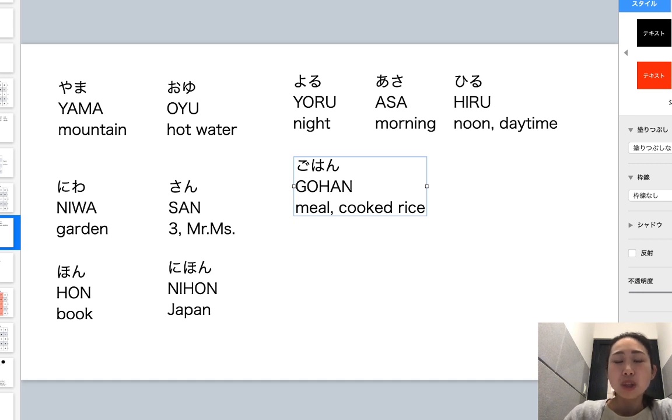you understand wa, go, ha, and n already, right? But maybe you wonder what is go. It looks like ko, but has 2 dots on the upper right side. This is actually the dual sounds mark. With these 2 dots on the right top, the sound gets a little bit dull, like ko, go.